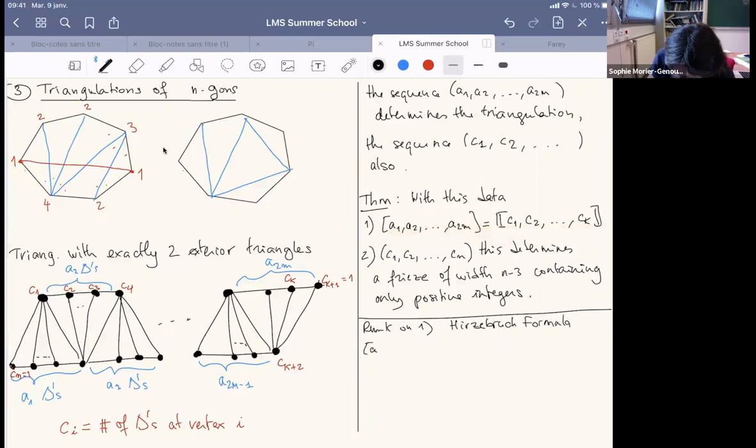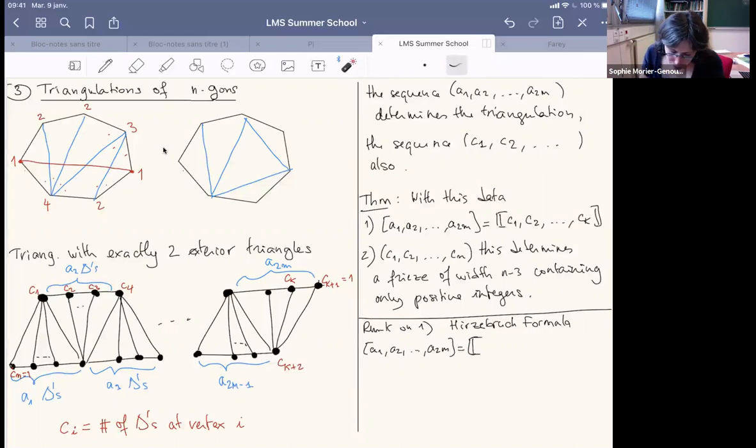If you have this A1, A2, up to A2m, it's a rational number, and the negative expansion is the following. I want to convert the regular continued fraction expansion into the negative expansion.